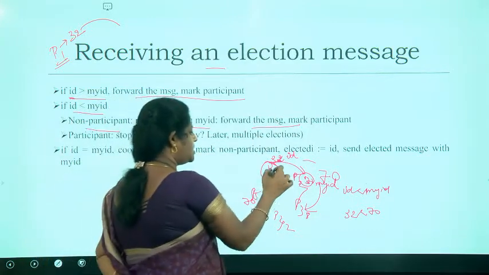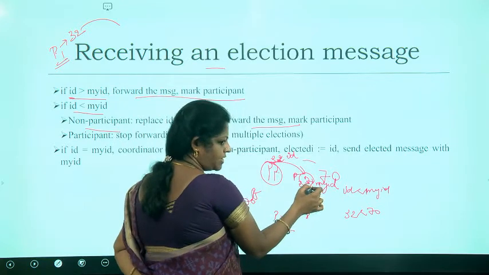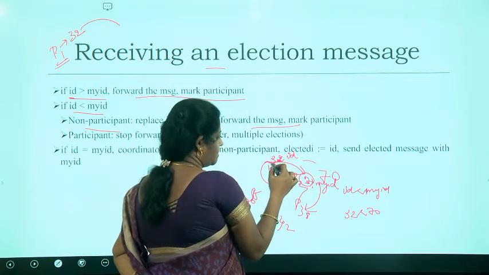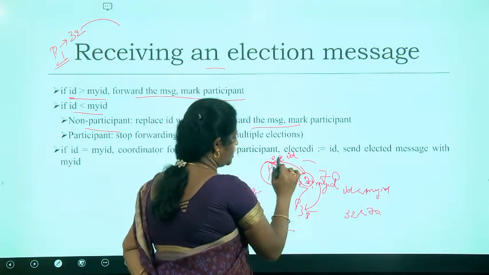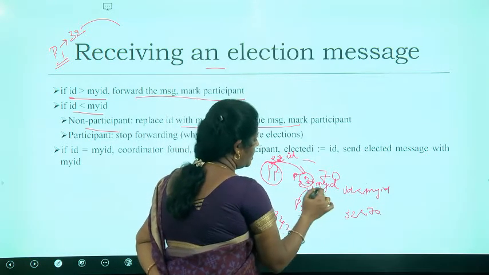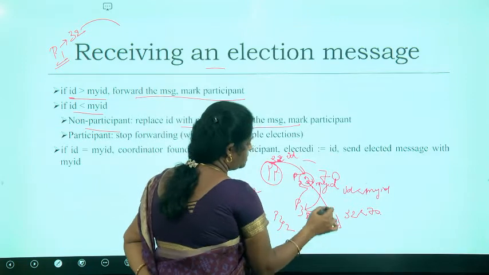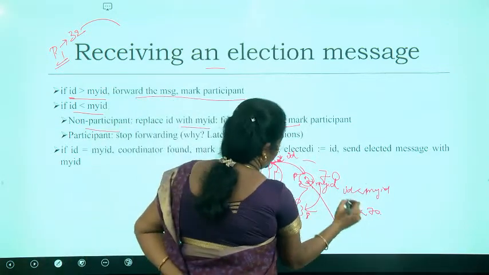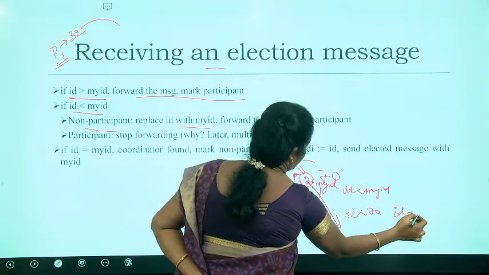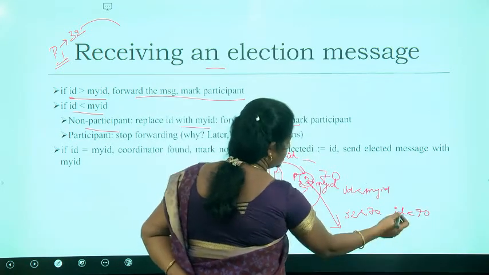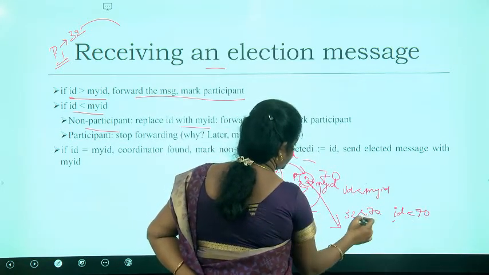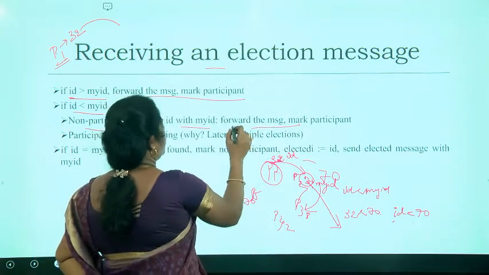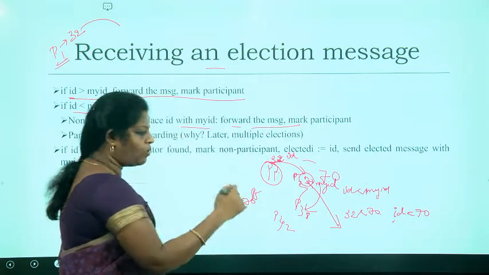Initially this is a participant and this is a non-participant. So if this ID is less than my ID, this process P2 replaces the ID value with my ID, which is 70, and then forwards the message as a participant. Now this is a participant.